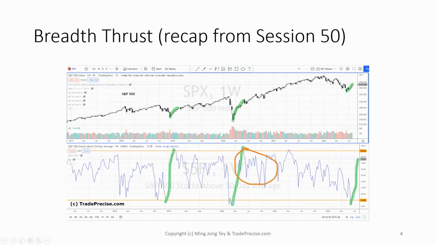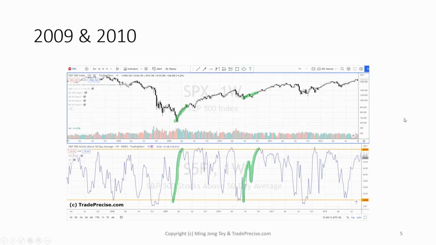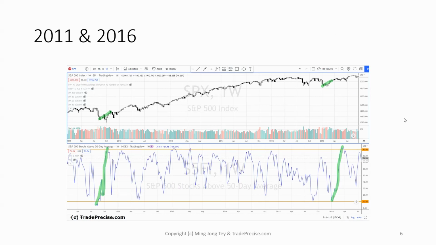Here as well it's holding up. And previously, 2019 and the COVID low were also sort of holding up. It did not drop too much, like below 50 or 40, unlike the current situation and 2011. That's why we want to compare the current situation with the 2011 scenario, because I find this sharp pullback very similar to what we are having right here, including the magnitude of the S&P pullback.